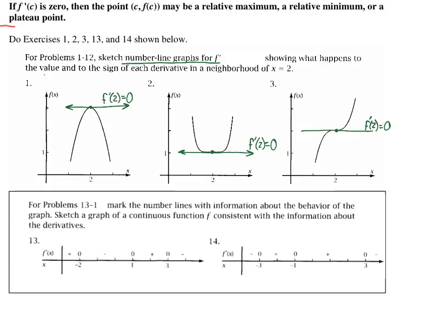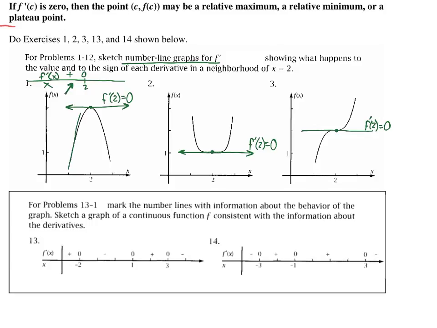But if we have f prime of x, and draw a line here, and we'll put 2 right here, because that is where f prime of x equals 0. Now, you'll notice to the left, our tangent lines are going to be going up like this, so that means our derivative is positive, and that means the function itself is going to be increasing.